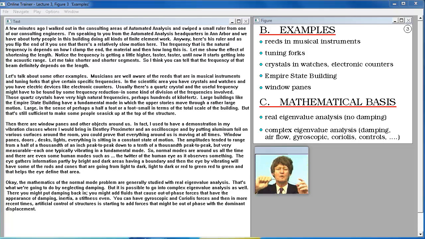Anyway, here's his ruler, and as you flip the end of it, you see that there's a relatively slow motion here. The frequency, that is the natural frequencies, depends on how I clamp the end, the material, and then how long this is. Let me show the effect of shortening the length.